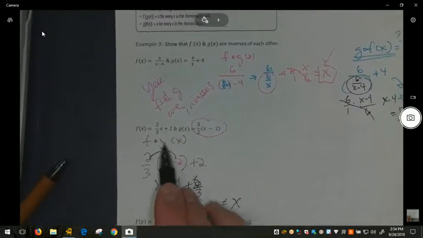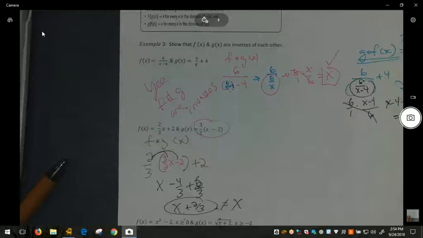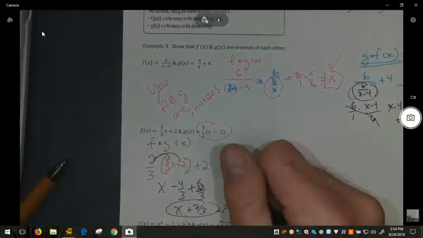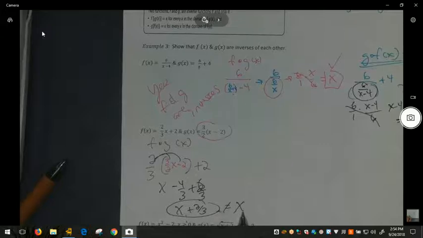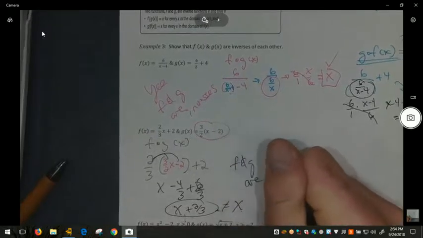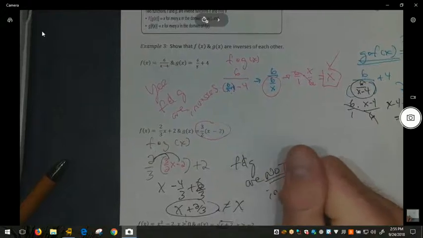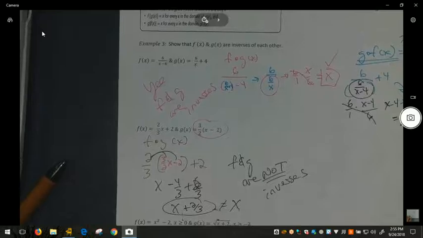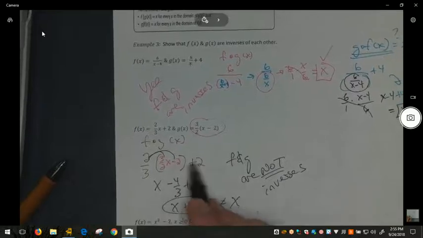So this did not undo the operations to give us x. So I don't even have to test g of f. I know right now that if either one of them doesn't work, then they are not inverses. So f and g are not inverses, unless I copied down the function wrong, which it does not appear that I did. So we are good there.